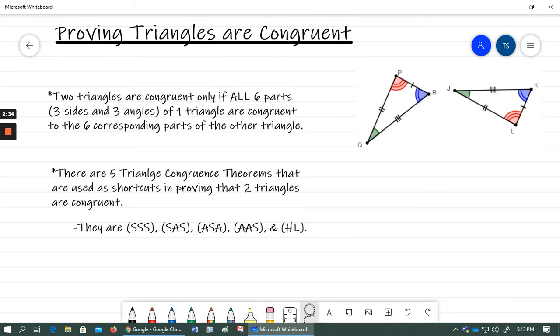But anyway, remember in that last previous video that we did an example. It was a very long example because I was explaining each little part of it, and I was asking you to prove that those 2 triangles were congruent, showing that all 6 parts were congruent to the corresponding parts of the other triangle.